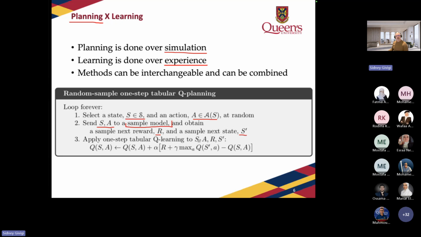And since now we have all these different values, I can do a Q-learning step with this equation here. Observe that the reward is derived from the model, and the next state is also derived from the model. We are going to update our value with this information that is generated from the model, sorry, not directly from the environment.